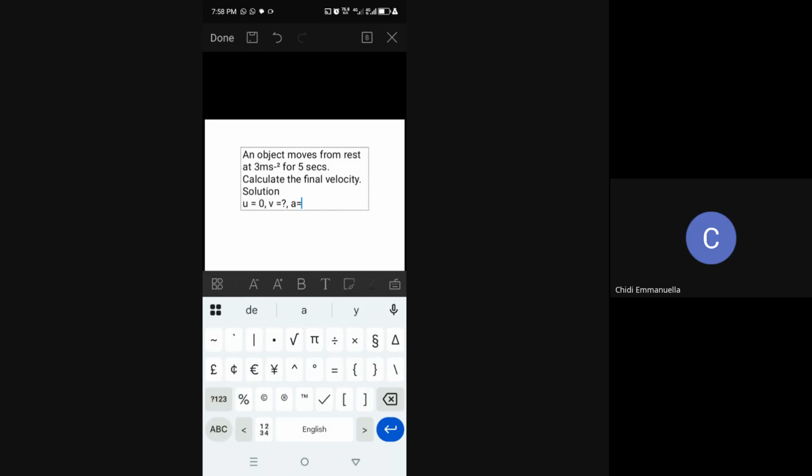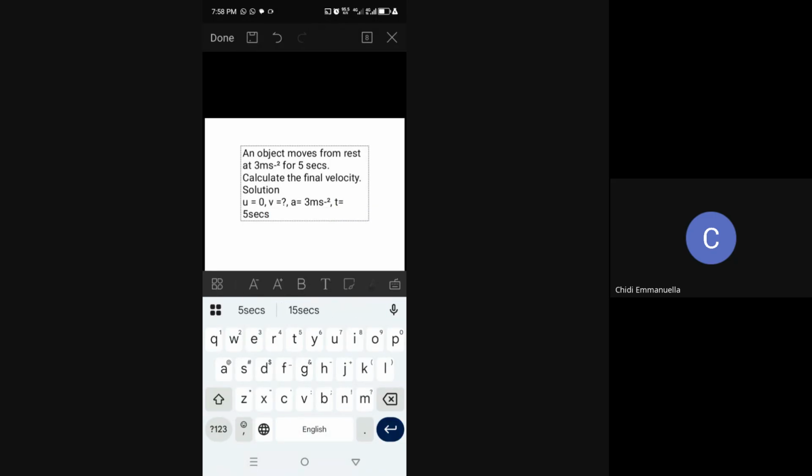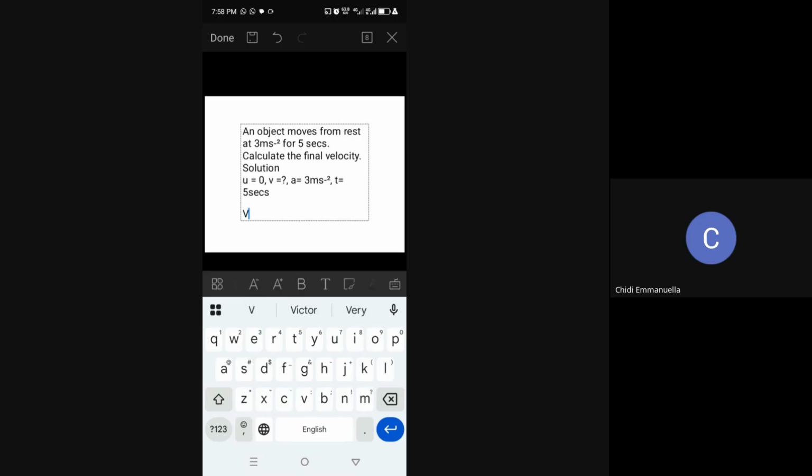Once you see meters per second squared, that is acceleration, 3 meters per second squared. Then you are given time also. Time is 5 seconds. So it's obvious that you are going to use v equals u plus at.